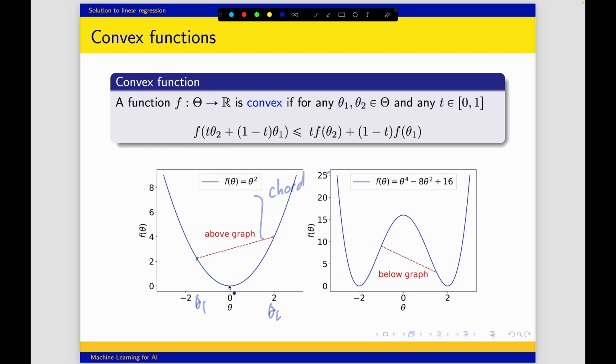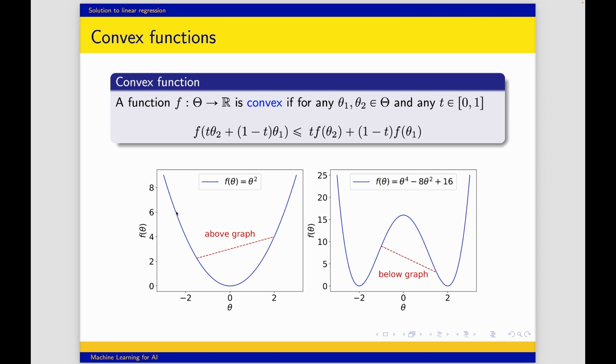So the function value is always less than or equal to, it can lie on this chord, but it can't lie above it. So this here has to lie below this chord. And this must be true for any chord.